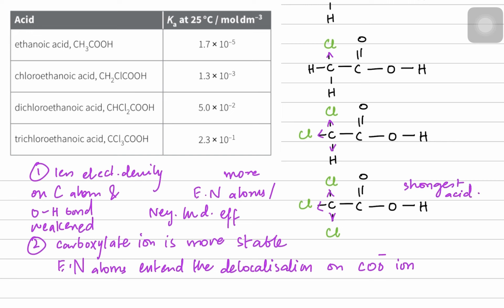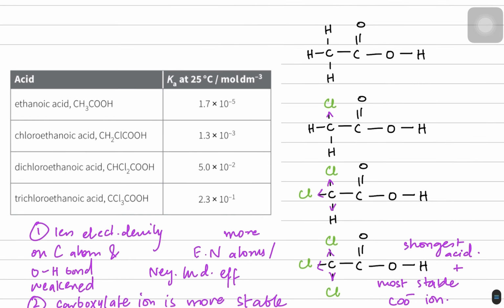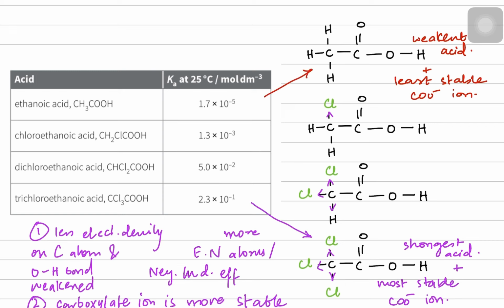So the bottommost acid is the strongest acid and it has the most stable carboxylate ion because it can delocalize more because of the electronegative atoms. The topmost one is the weakest acid and it has the least stable carboxylate ion because the negative charge can't be delocalized since there are no electronegative atoms.